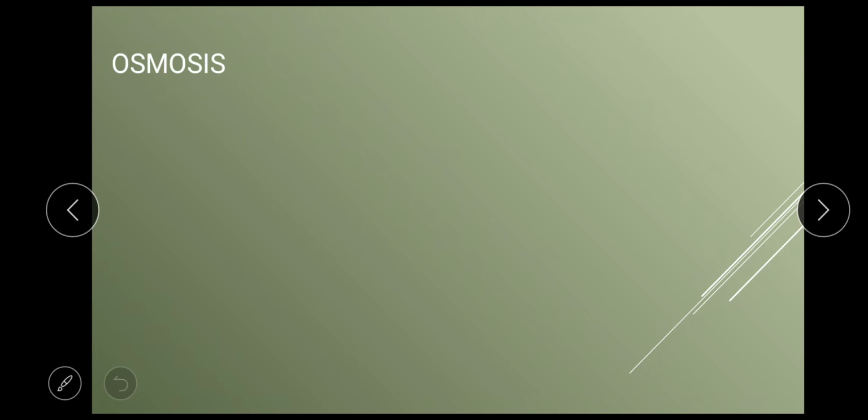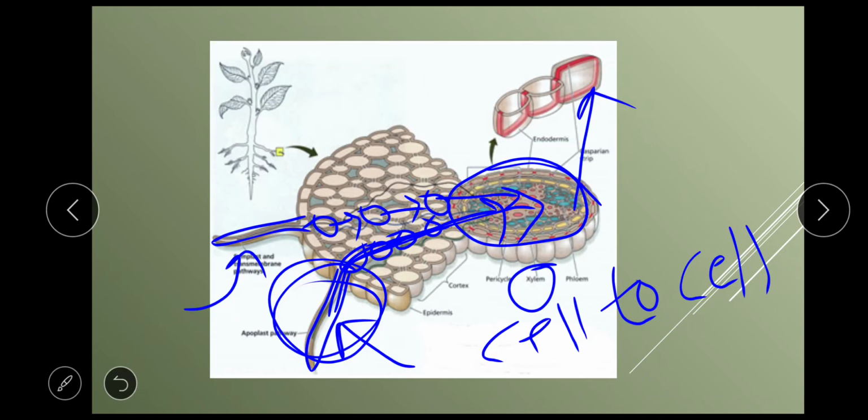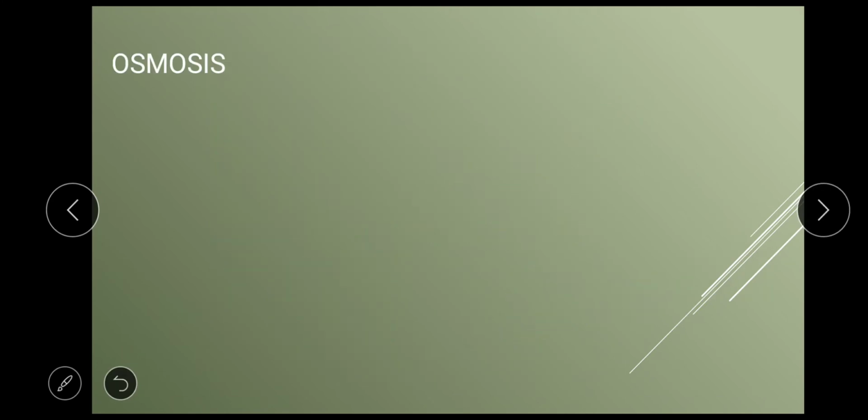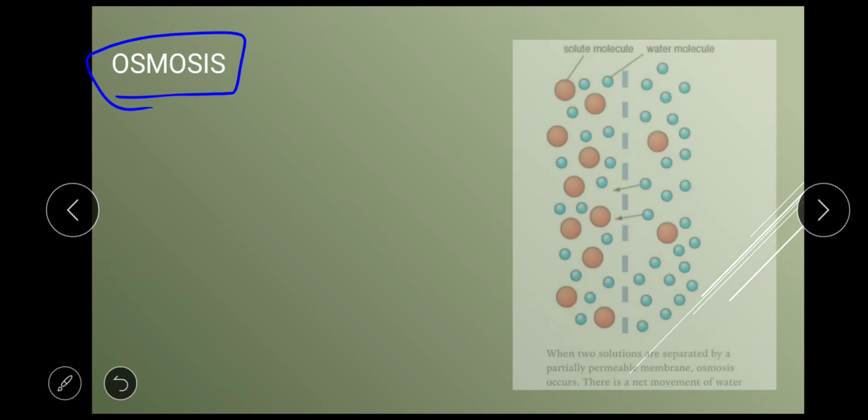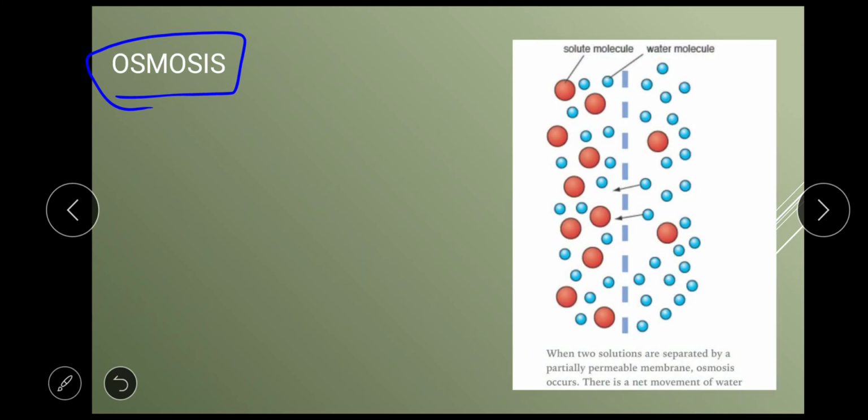Next, how these roots absorb water, we understand by osmosis. What is osmosis? See this diagram. You can see, as I told you, that these root hairs have semi-permeable membrane.